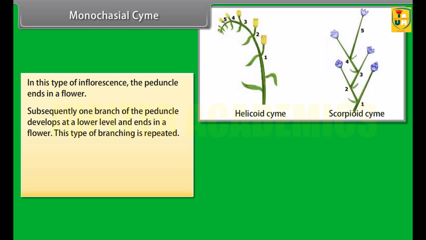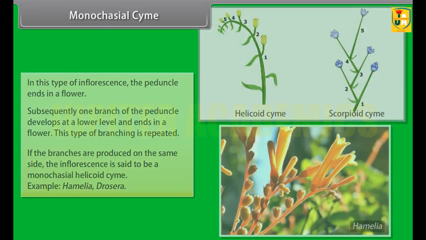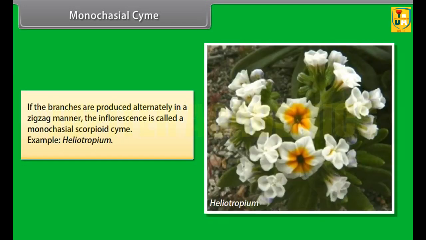This type of branching is repeated. If the branches are produced on the same side, the inflorescence is said to be a monochasial helicoid cyme. Example, Hamelia, Drosera. If the branches are produced alternately in a zigzag manner, the inflorescence is called a monochasial scorpioid cyme. Example, Heliotropium.